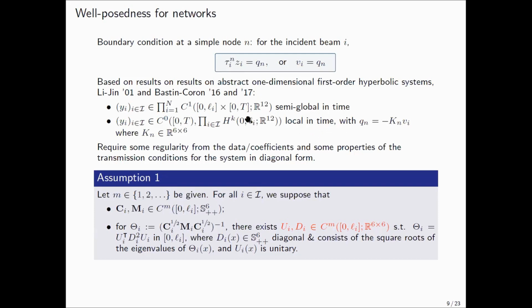But to get this well-posedness result, we in particular need some regularity of the eigenvectors and eigenvalues of A. And in particular, if the mass matrix and the flexibility matrix depend on X, we have to add some assumptions to get this. So this is why I wrote assumption 1 here, but you don't need to remember it. It's just that you will see it appear in the theorem later because we always use it in order to get the well-posedness.